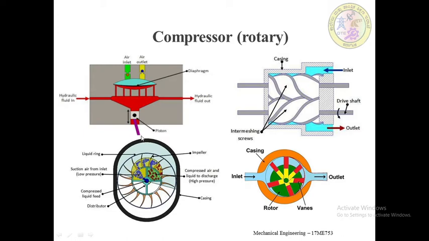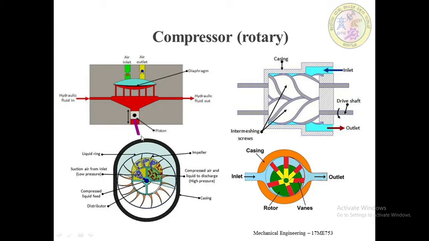It's a very small type of compressor, so the working pressure of this compressor is very small, and it is a very small capacity compressor. In the piston compressor, the lubricating oil from the piston wall may contaminate the compressed air, and contamination is undesirable in food and chemical industries.